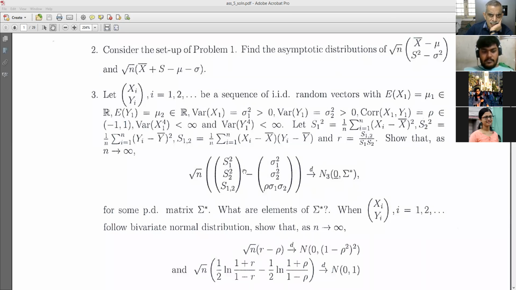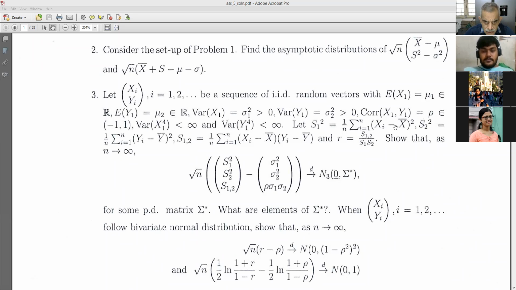Now, if that is the case, then what you need to do over here is prove the central limit theorem for S1 squared, S2 squared, S12. Somehow you should be in a position to write S1 squared, S2 squared, and S12 as the mean of something. The only problem I see over here is that (Xi minus X bar) whole squared is there.